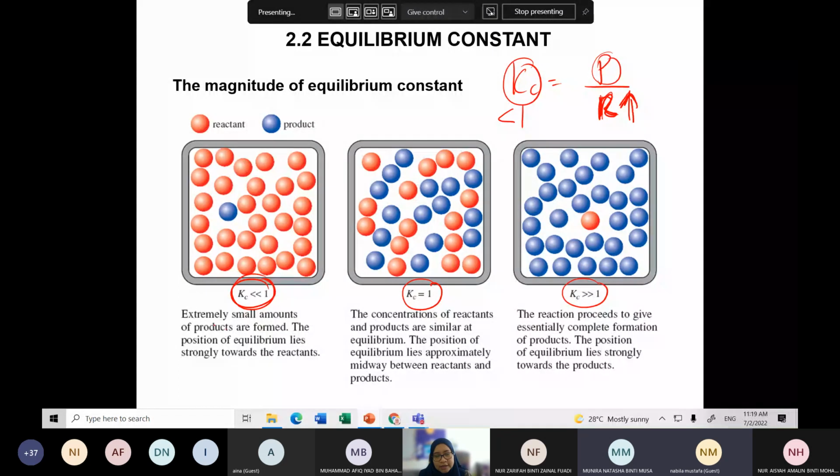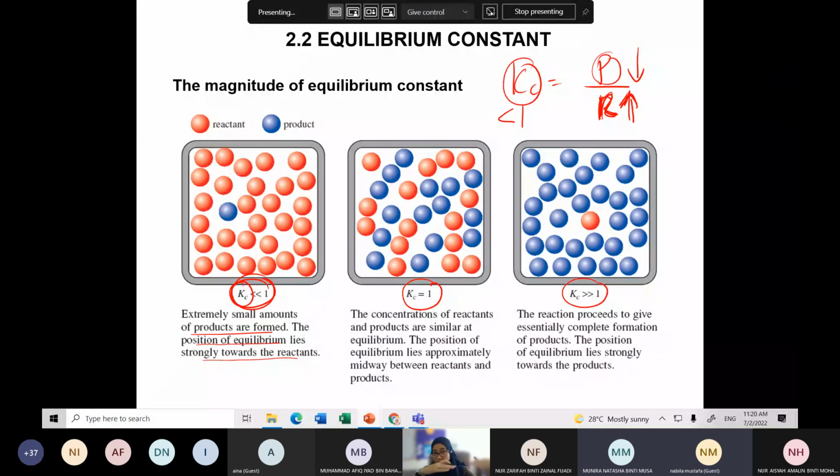Okay, maksudnya dekat sini, extremely small amount of product are formed. Like I said, product very low. The position of equilibrium, when we are talking about product, product is very low sebab reactant banyak lagi kan, walaupun dah reach equilibrium. We are talking at equilibrium because kita cakap pasal KC now. That means the position of equilibrium lies strongly towards the reactant.